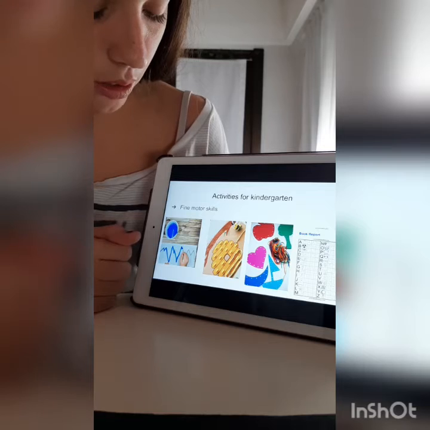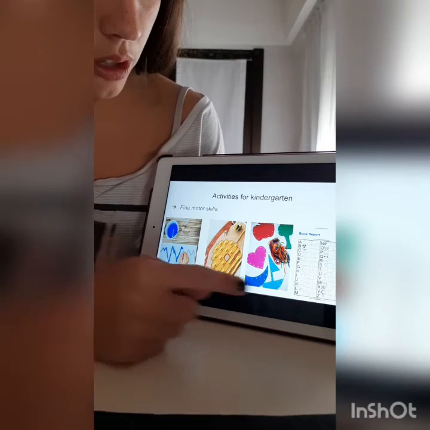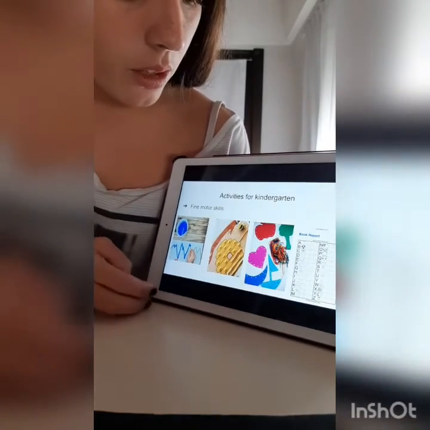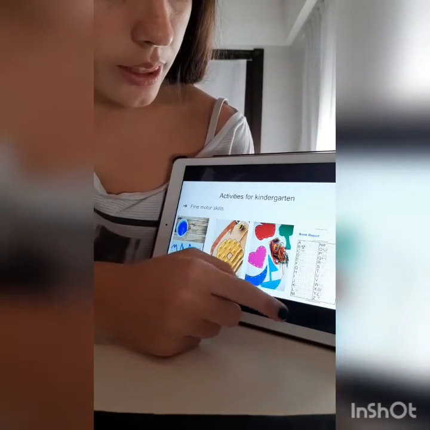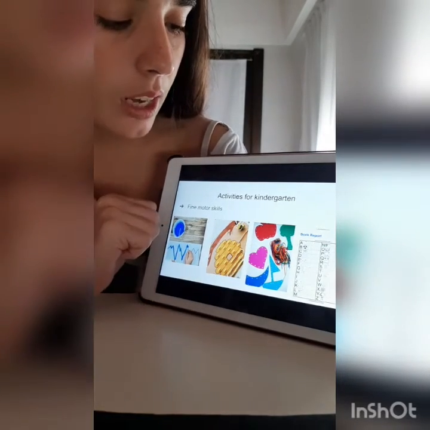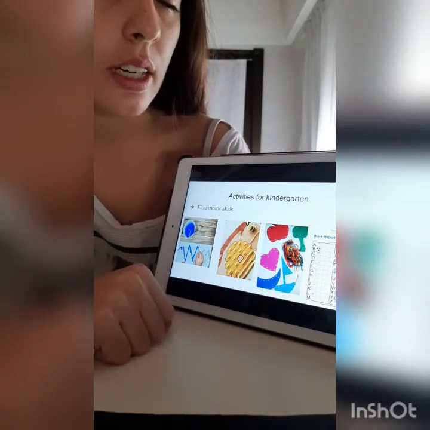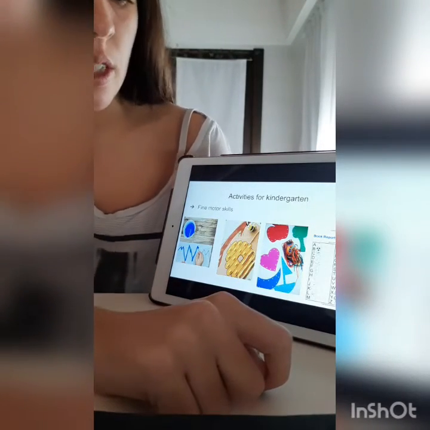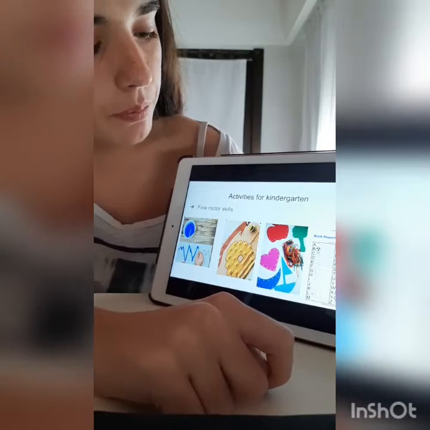This one is with watercolors, and this you can do with a pencil. The letters of the alphabet, you can associate them with objects that they know, like the apple, the ball, the cow, the dog, the elephant.